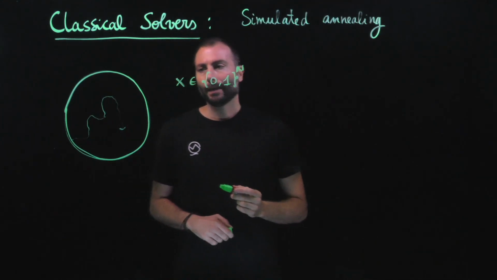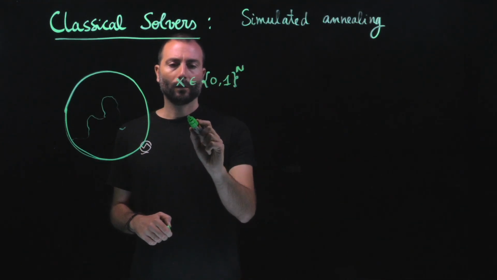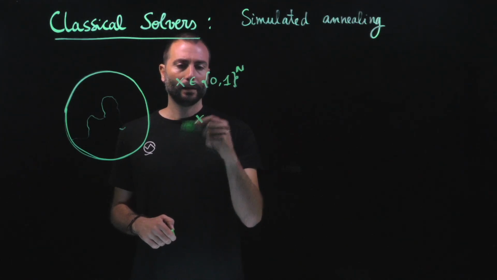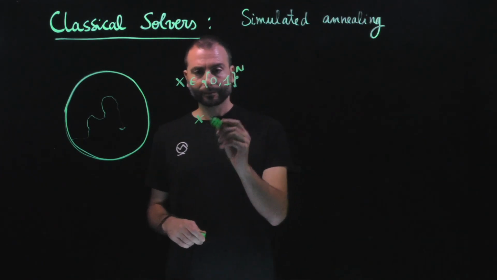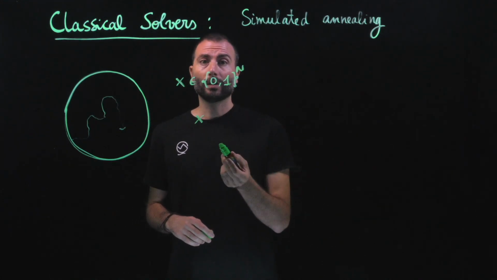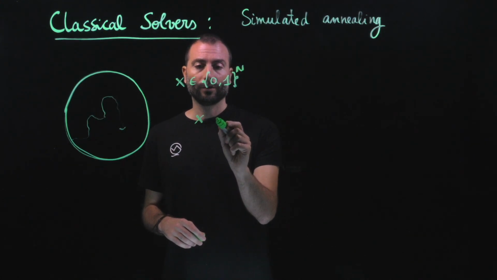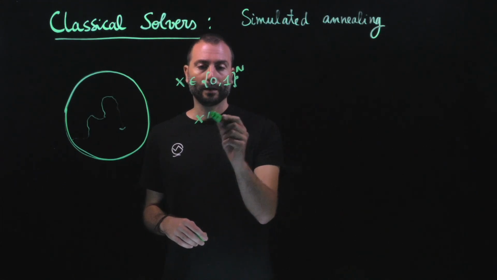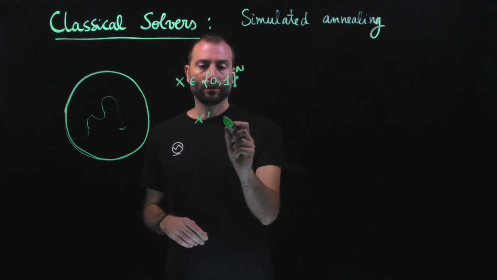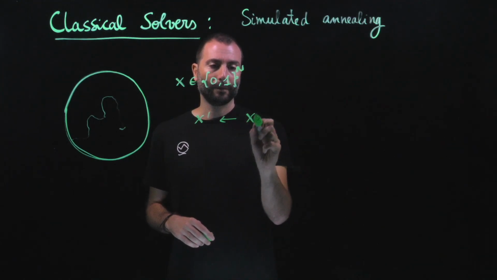And the idea is that we start with some bit string, randomly chosen, a random sequence of 0 and 1. And then we propose a random change of this bit string. So we propose a new x prime that has been constructed from some previous x.